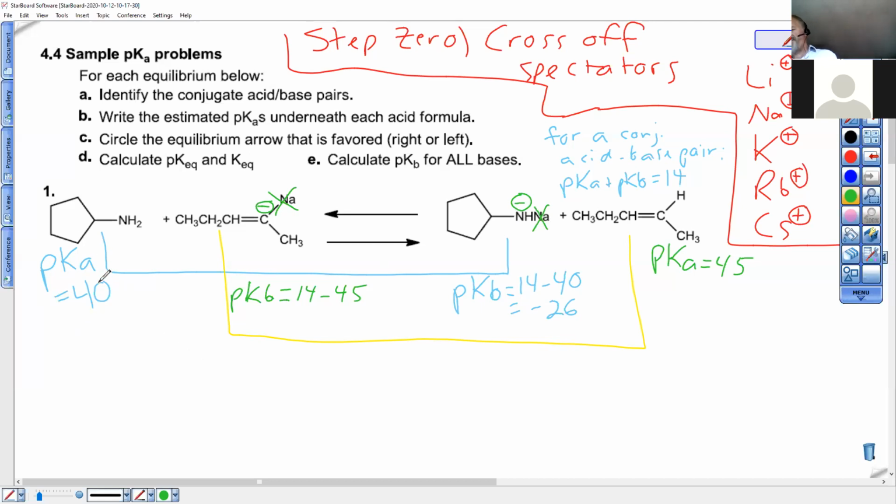I apologize. 40 is stronger than 45. 40 is 10 to the power of 5 times more reactive than 45. Put another way, this acid is less reactive, which is more stable. If you're less reactive, that means you're more stable. And equilibrium always favors the more stable species.